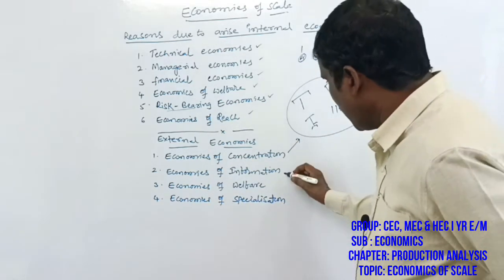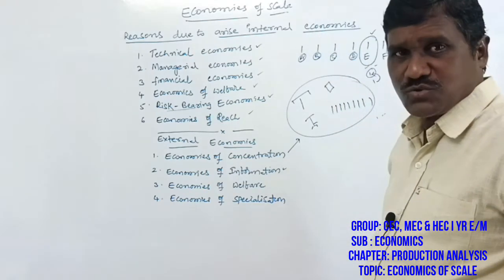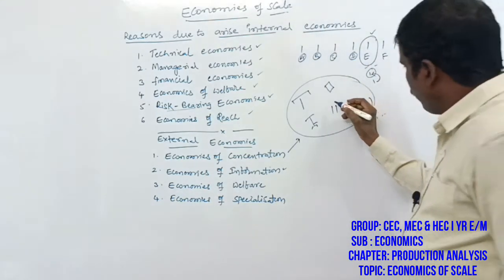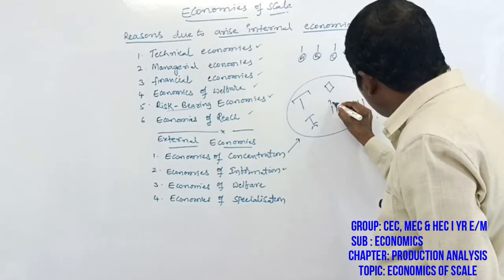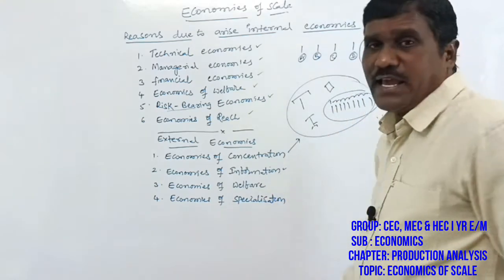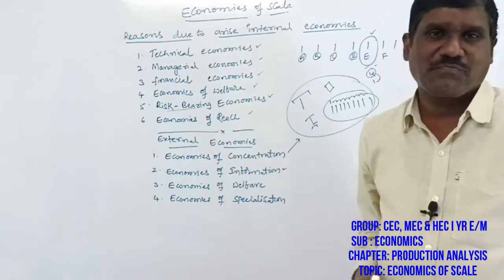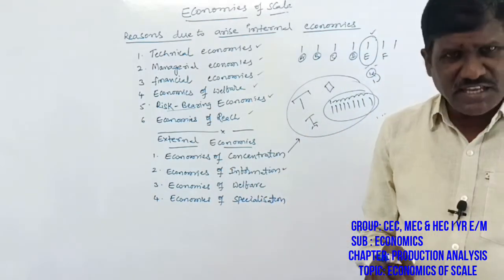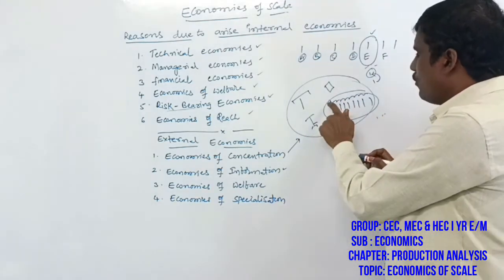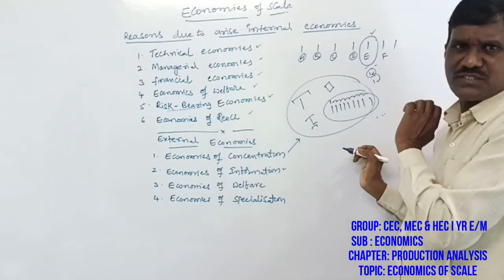Okay, next economies of information. When we concentrate industries at a certain place, when a firm gets information, it is easy to move the information to all persons in all the firms, because nearby firms are there, and it is easy to pass information from one firm to another firm. Is it an easy way?